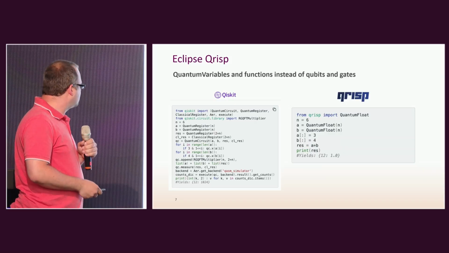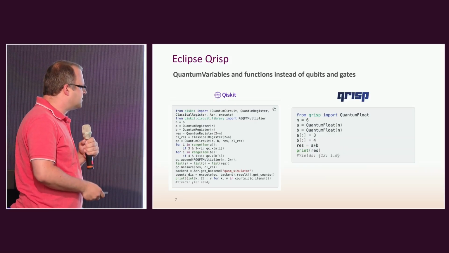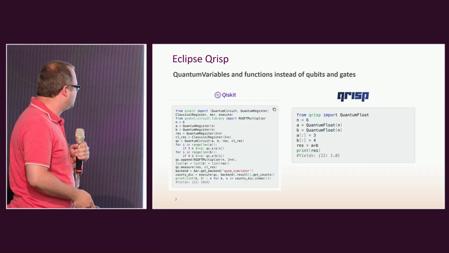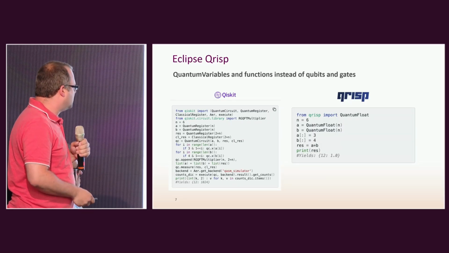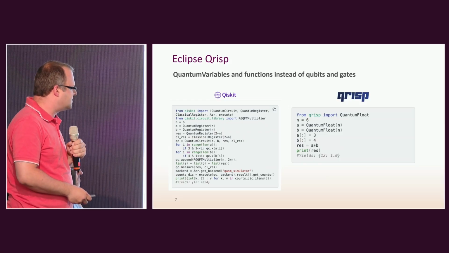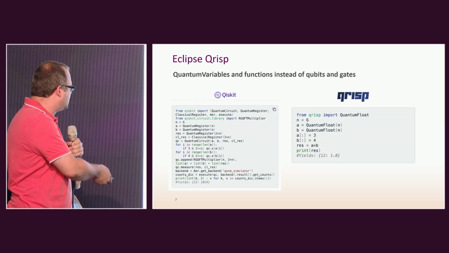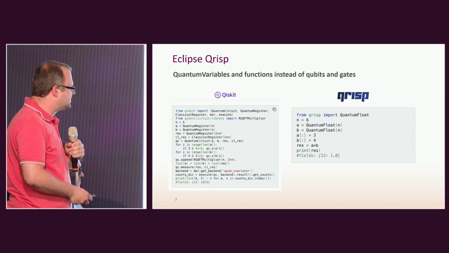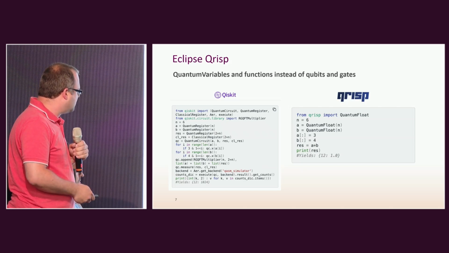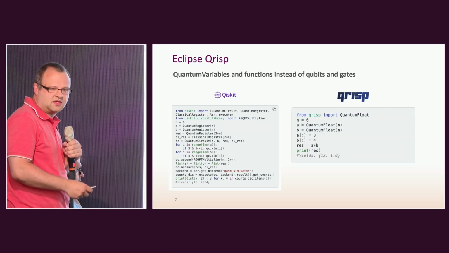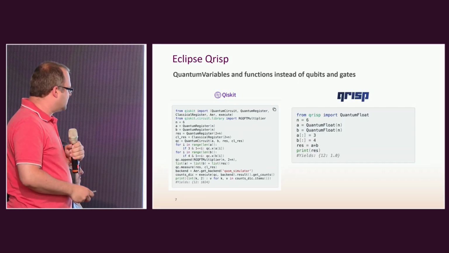Here's one typical Qrisp code for a very simple problem. It just computes the problem 3 times 4. So in our case, when you use Qrisp, you proceed actually as for any other standard programming language. You define 2 variables A and B, you assign 2 different values, 3 and 4, and then you use the standard star operator as you would do in standard Python.